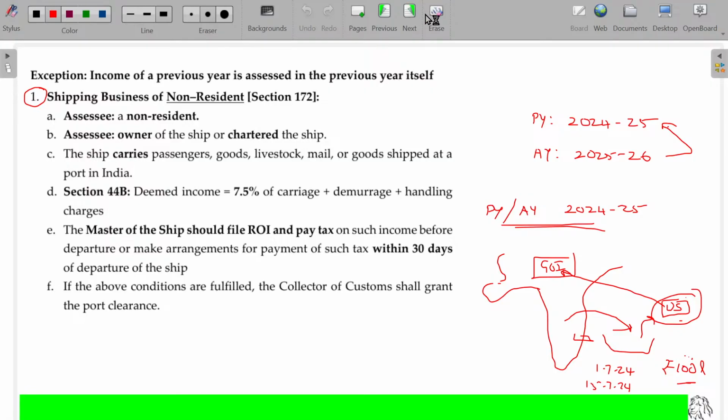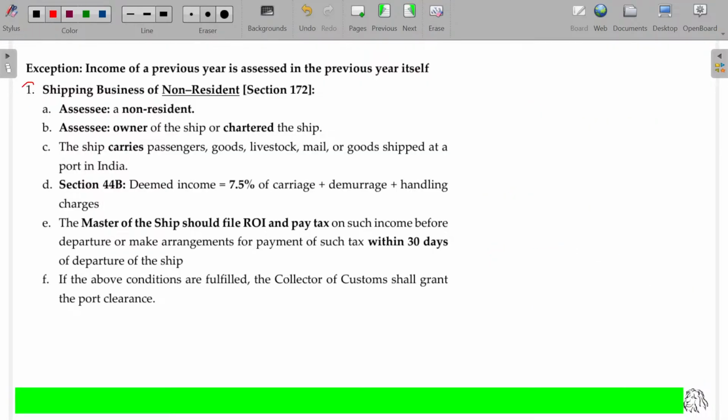So 5 such scenarios we are going to refer. Shipping business of non-resident, section 172. This will be applicable to whom? A non-resident, a person not usually residing in India. He resides outside India. But for income tax purposes, we have a separate set of rules to understand it clearly.